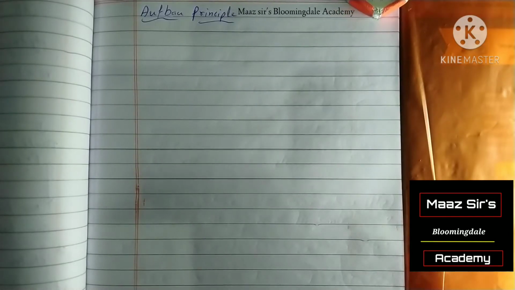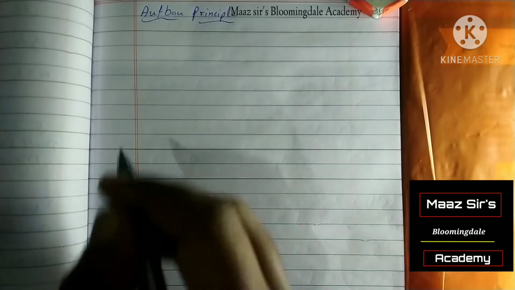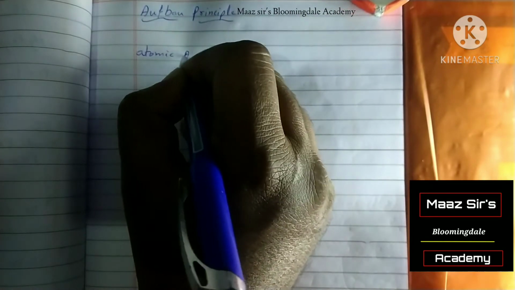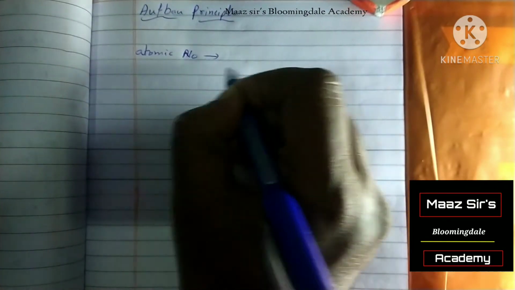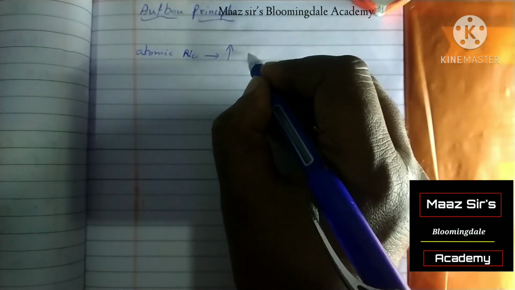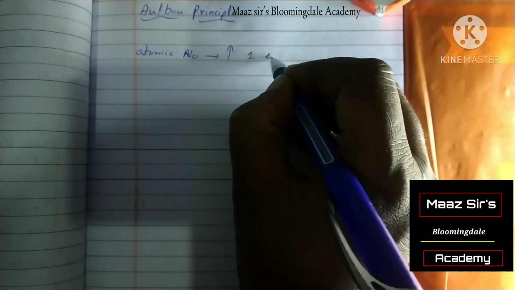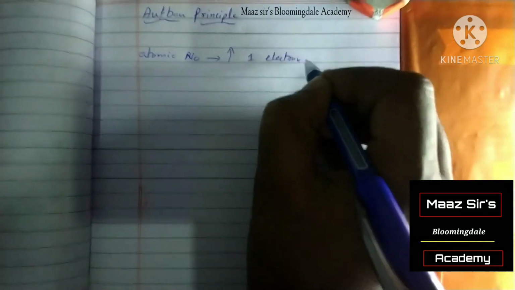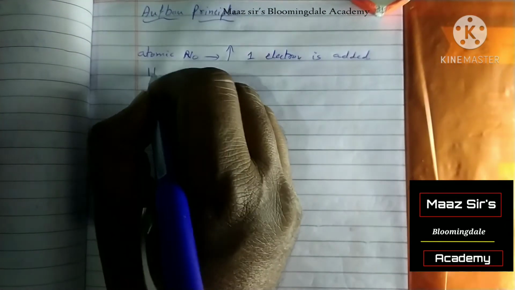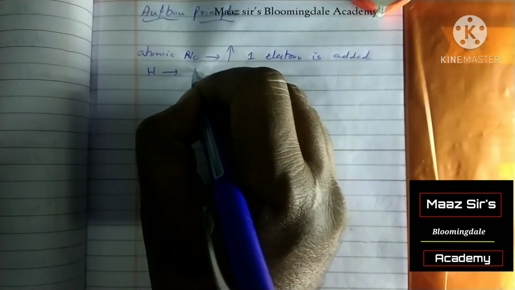Now let us see the second principle, the Aufbau principle. This principle states that when the atomic number of an element is increasing, every time one electron is added. For example, let us take hydrogen, atomic number is 1.